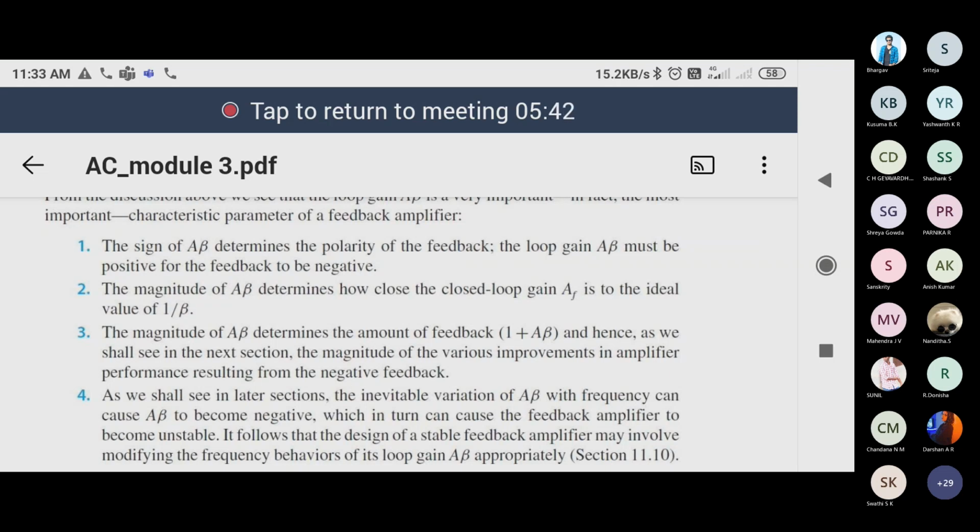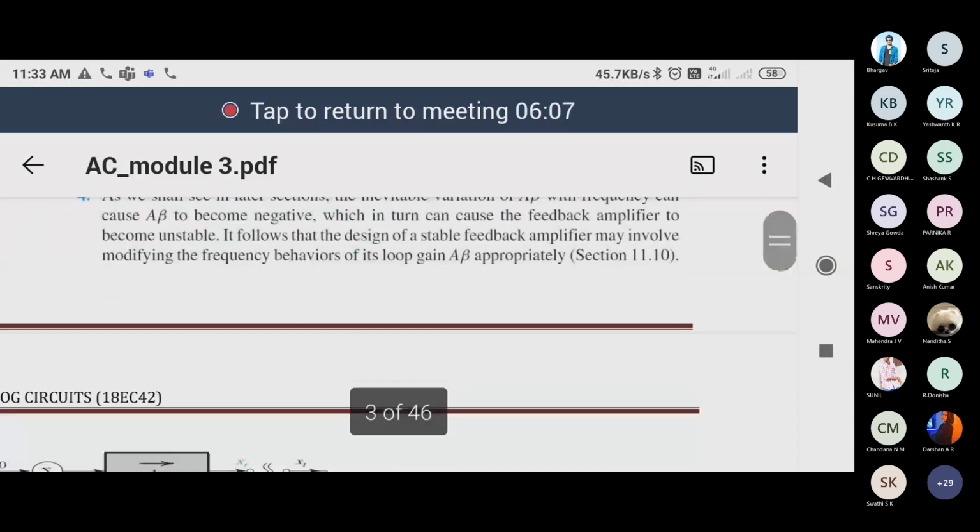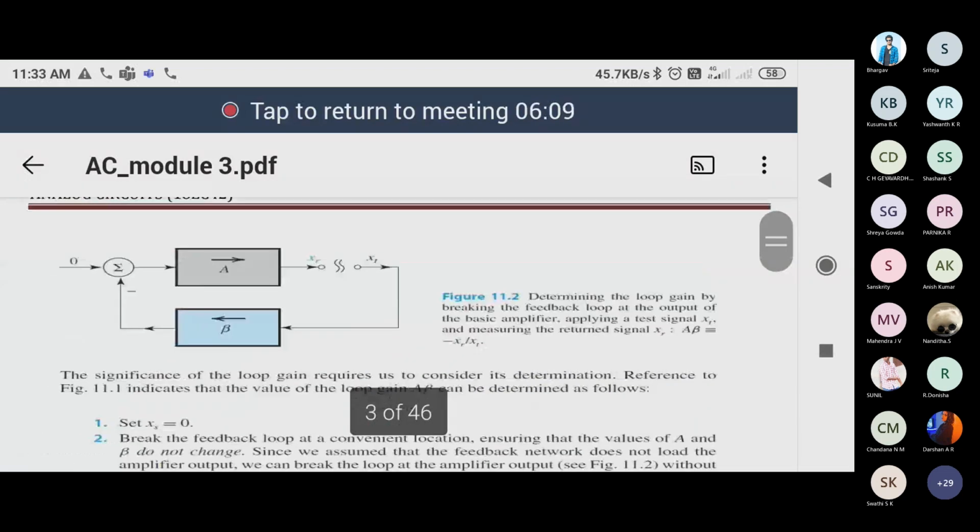So there is a question on what are the characteristics of the feedback amplifier, what are the important parameters we need to measure. The inevitable variation of A beta with frequency can cause A beta to become negative. So with respect to frequency, it may become negative also.